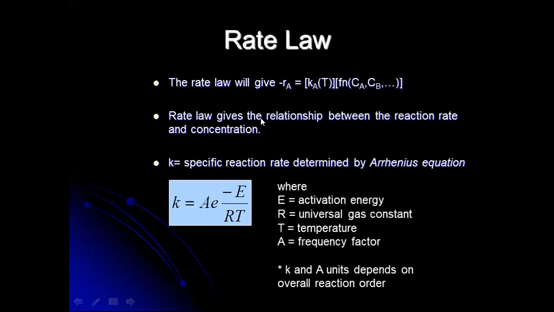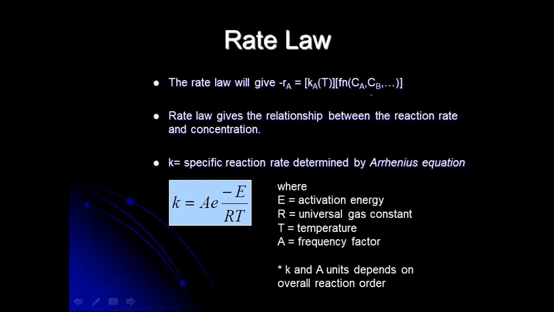Now, the rate law gives the relationship between the reaction rate and the concentration, or the reaction rate constant K and the concentration. You still have the R here on the left, and I have written it as negative, meaning this A, which I use as the basis for my rate of reaction, is a reactant because I wrote it here as negative. And the rate law is written in this manner.